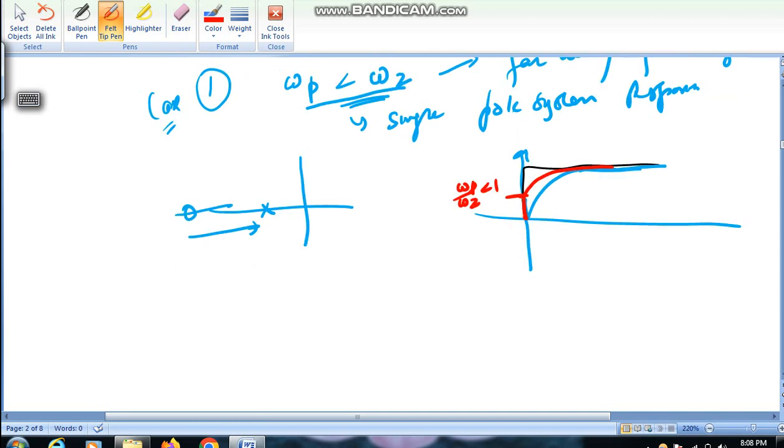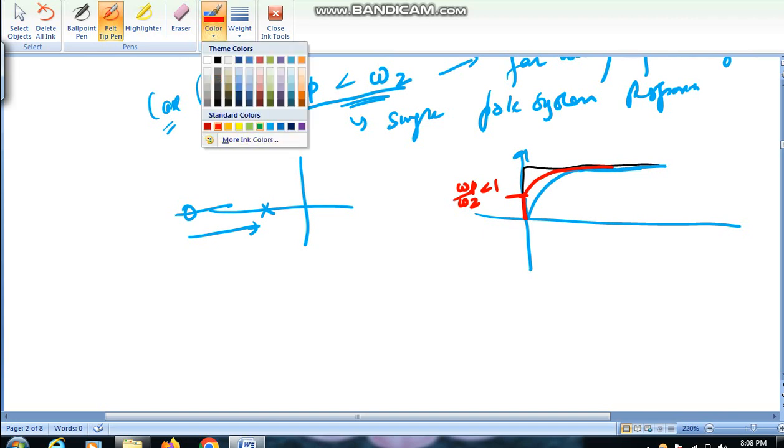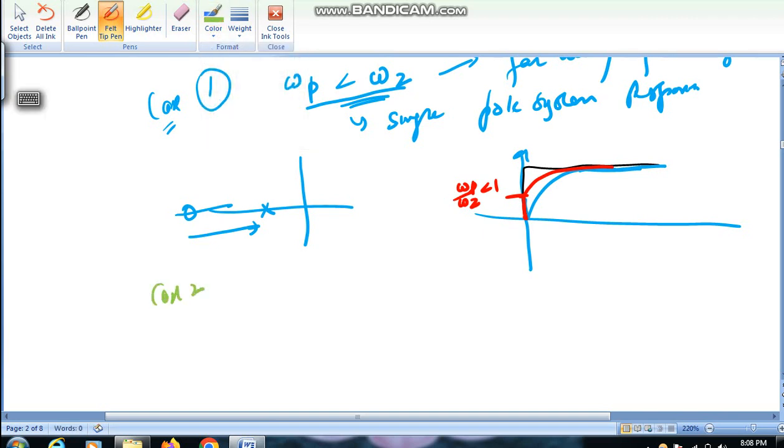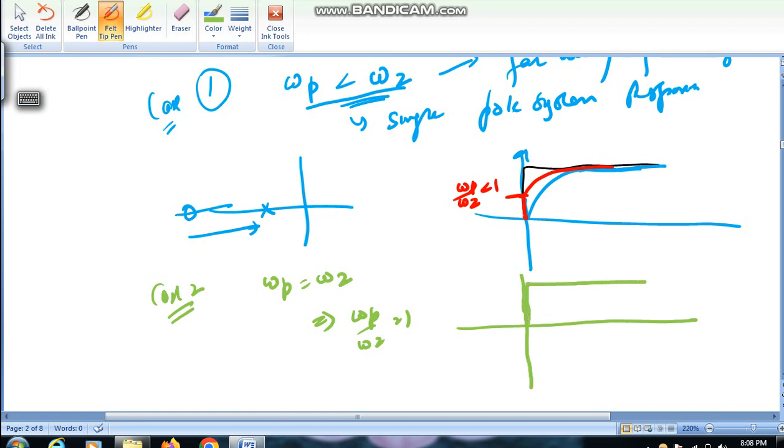Now let's see case 2: omega_p equals omega_z. So omega_p upon omega_z equals 1, and the response will be something like this. So this is 1. It is the same as your input response.